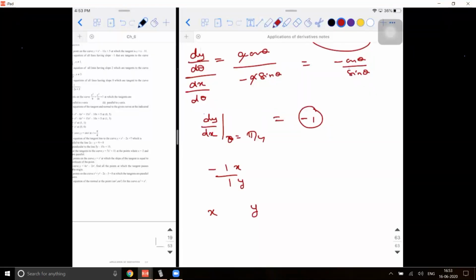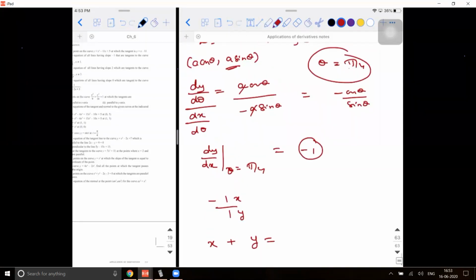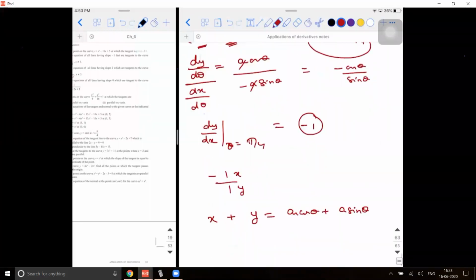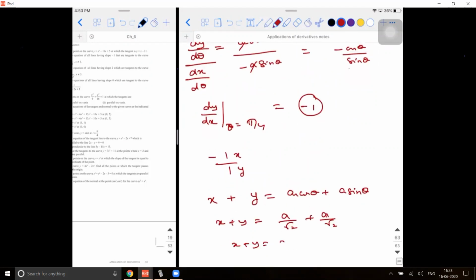Since the slope is negative, in between should I put a plus sign or a minus sign? Plus. Equal to, in place of x write a cos theta, plus in place of y write a sin theta. The only change I need to make is to substitute pi by 4 in place of theta. So x plus y will be equal to a by root 2 plus a by root 2. So we get x plus y is equal to 2a by root 2, which is root 2 a. So x plus y is equal to root 2 a is the answer.